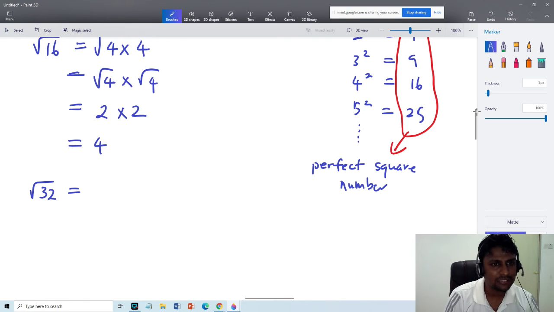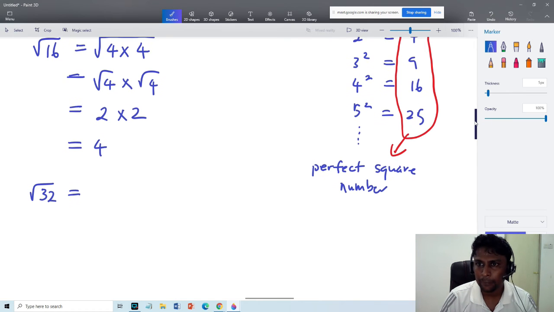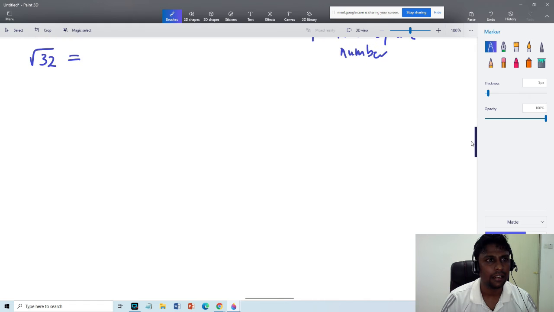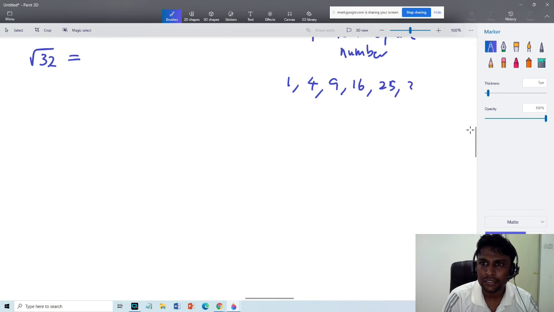So the first thing you need to know is 32. Okay, I think I need more space. Let me put it here. Let's say I take all the perfect numbers: 1, 4, 9, 16, 25, 36, and so on.